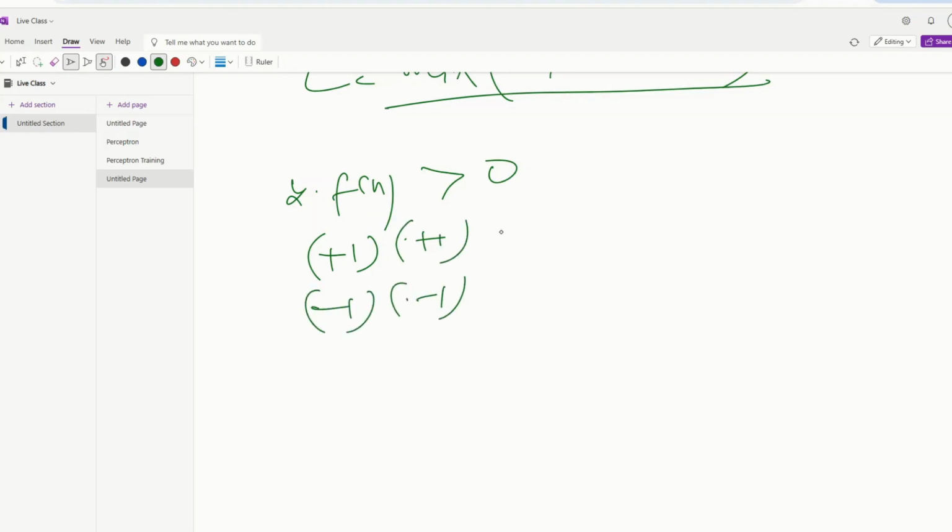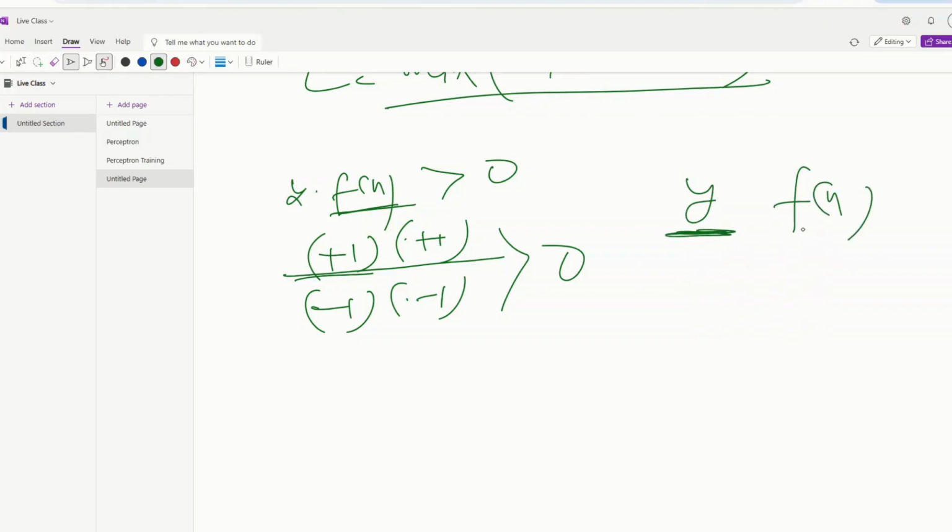Only then is this positive. In this case, my actual y and the prediction fx are the same. My actual label and prediction both are the same. There's no error.